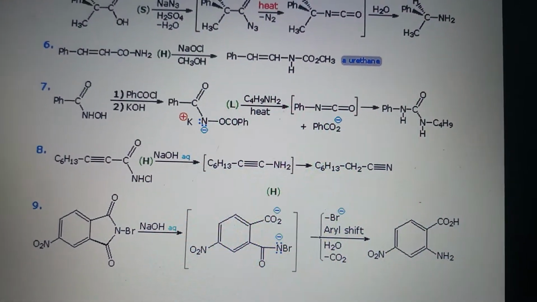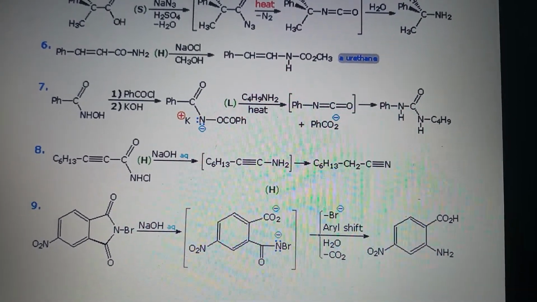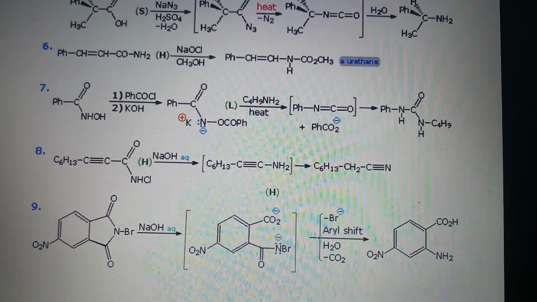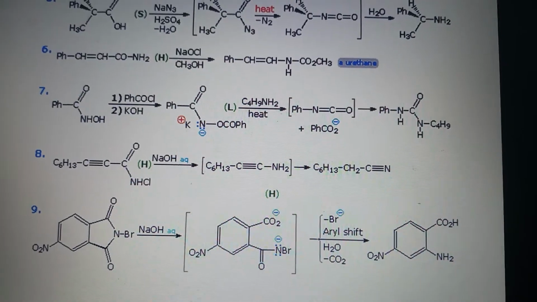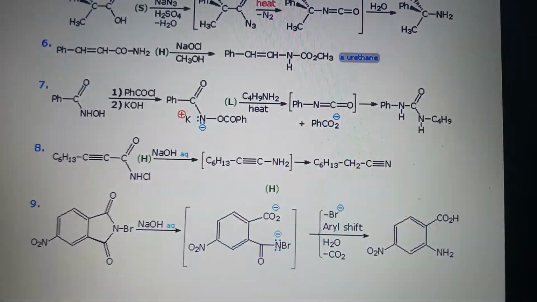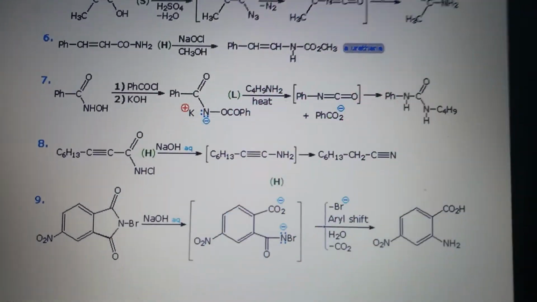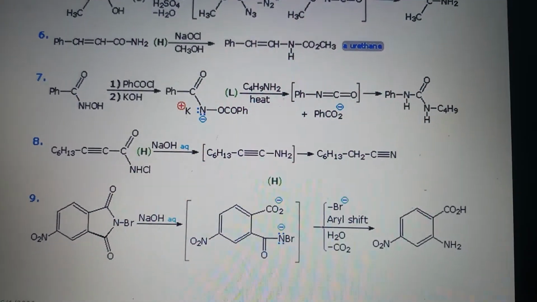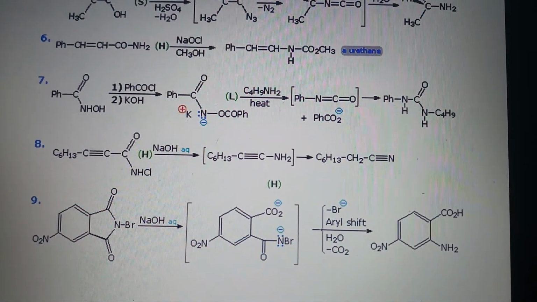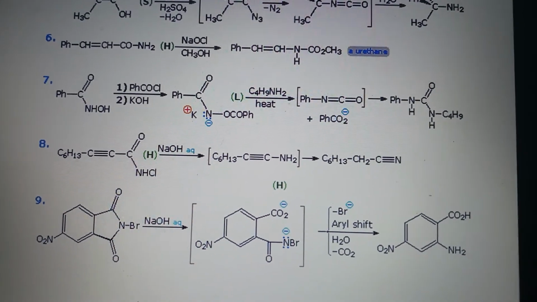The reactivity of the carbonyl group para to the electron-withdrawing nitro substituent is increased relative to the other imide carbonyl, as you have seen. Consequently, base catalyzed hydrolysis takes place there preferentially, leaving the acyl nitrene moiety meta to the nitro function. So we will get this type of product here.